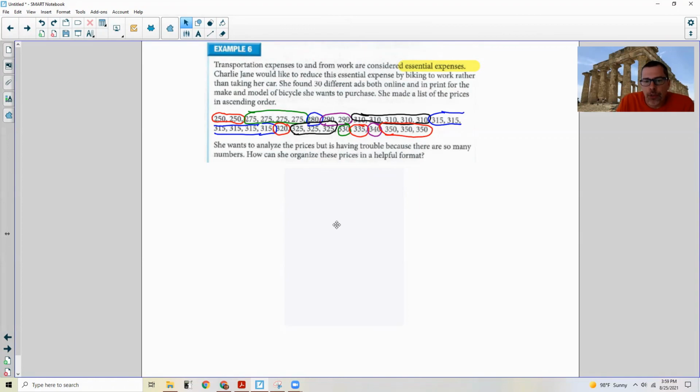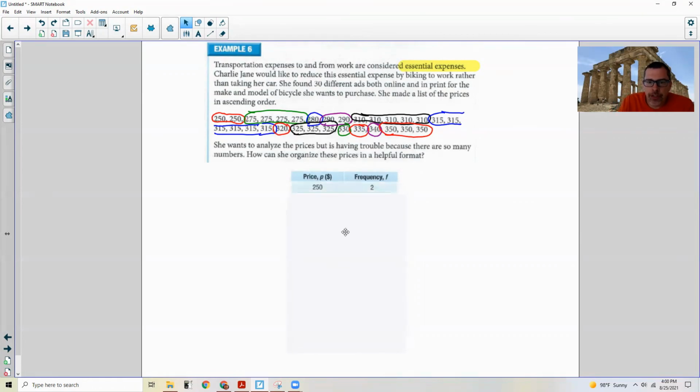Okay, so the first thing I would want to do is make a T-chart where one column is price, P in dollars, and the other one is the frequency, F, how many times that dollar amount occurred.